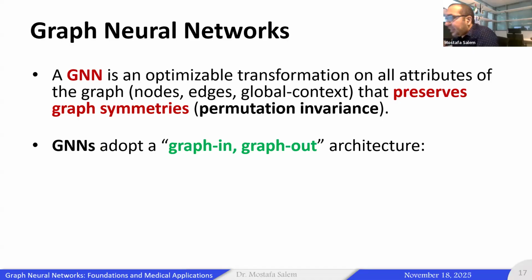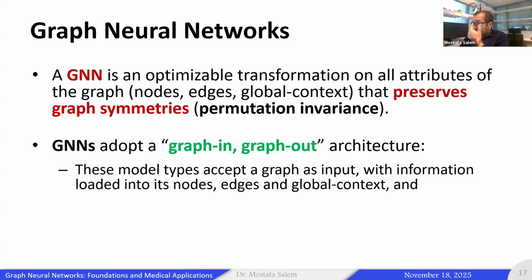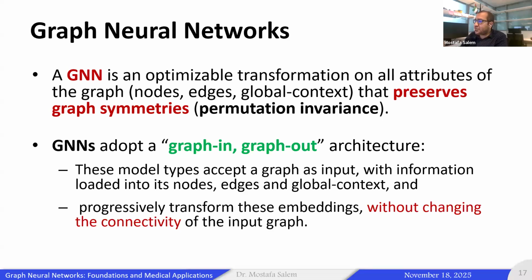For a GNN, the input will be a graph, and the output will be another graph with all the features learned. So these models, the GNNs, accept a graph as input with information loaded into its nodes, edges, and the global context. And the graph will progressively transform these embeddings without changing the connectivity of the input graph.